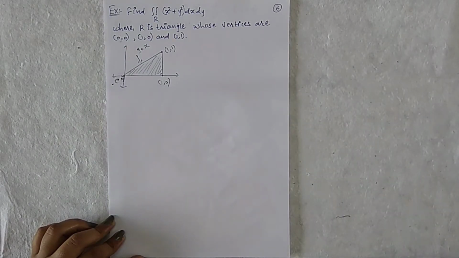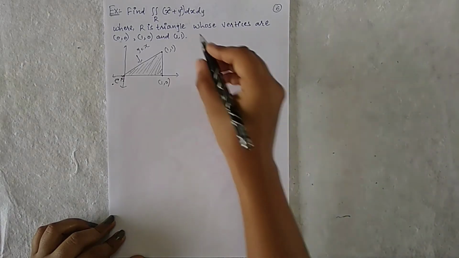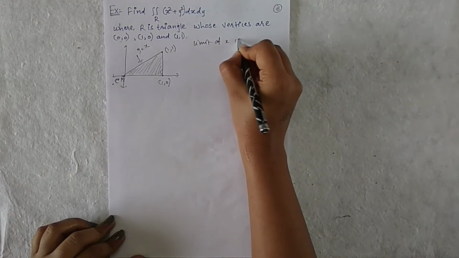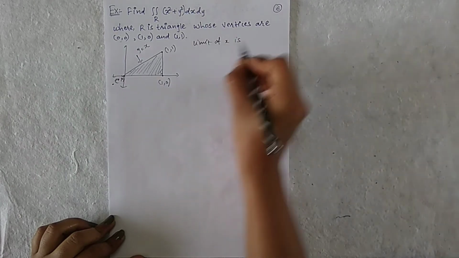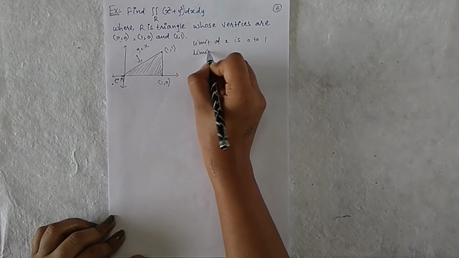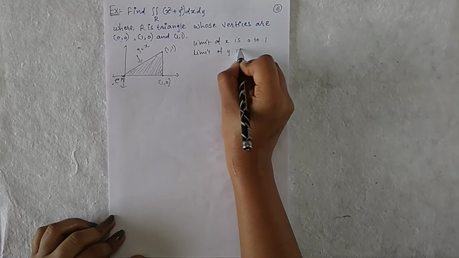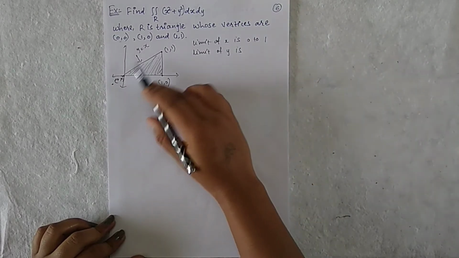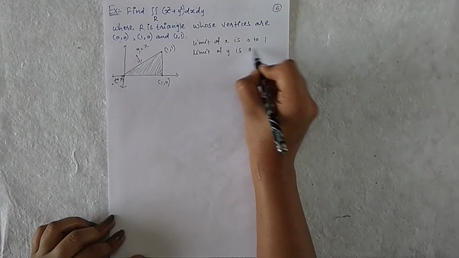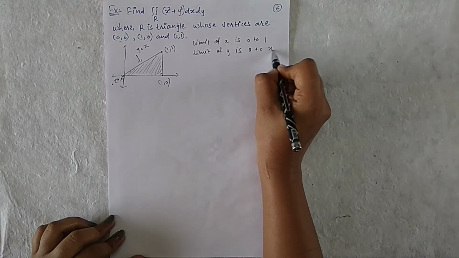So first we describe the limits. The limit of x is 0 to 1, and the limit of y is 0 to y is equal to x, so in between 0 to x.